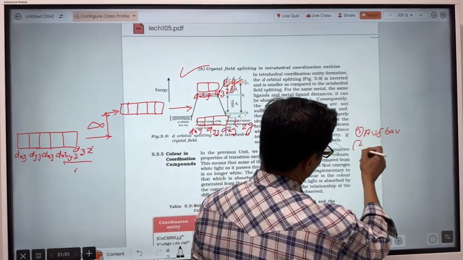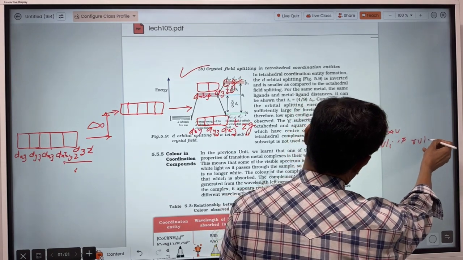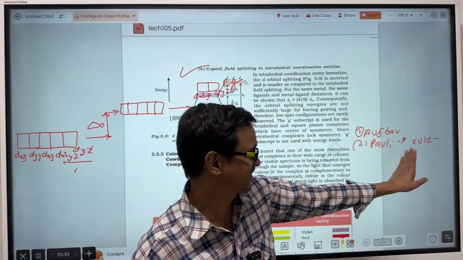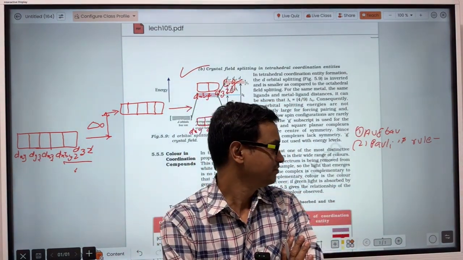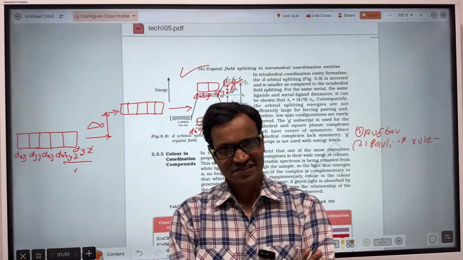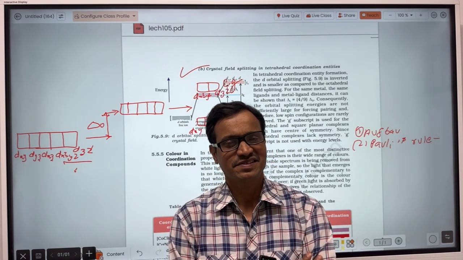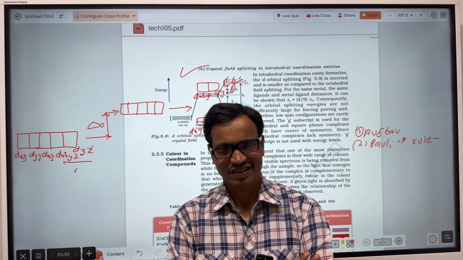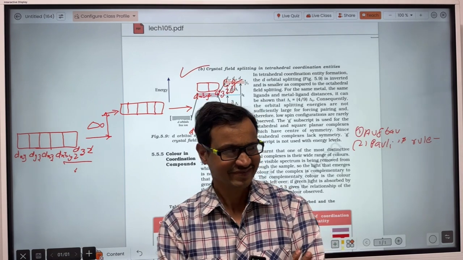Second one is Pauli's rule. Pauli's rule states that no two electrons can have the same set of all four quantum numbers. That means in an orbital there will be maximum 2 electrons and both will have opposite spin.